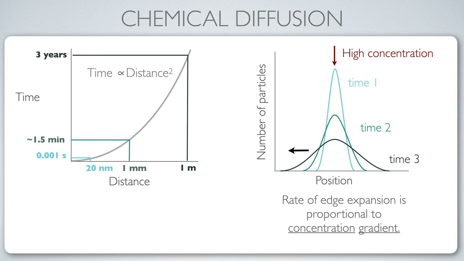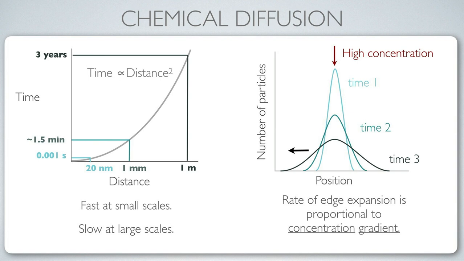So chemical diffusion is pretty poor at those spatial scales. 3 years is, I mean, you'd be dead by that time. So what we can see here is that although molecular diffusion is really fast at small scales, it's really slow at large scales. This is all just because the distance squared approximates the time that it takes for the motion of these molecules.